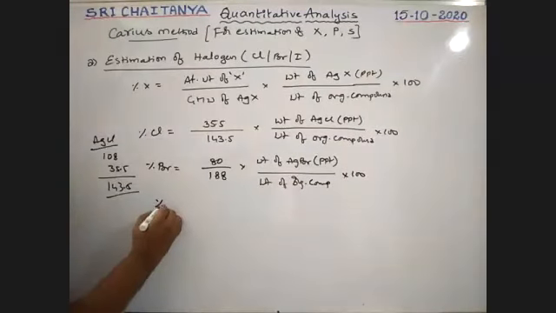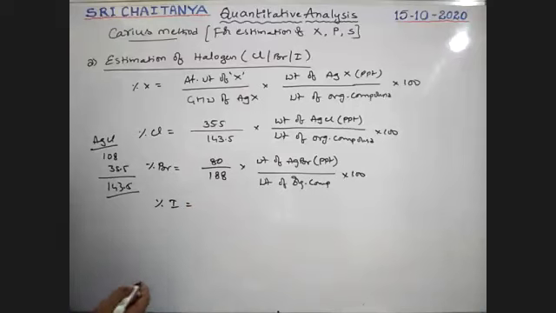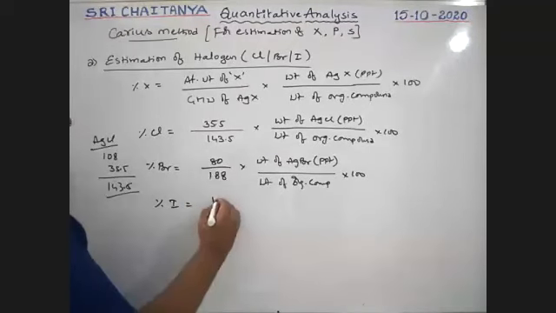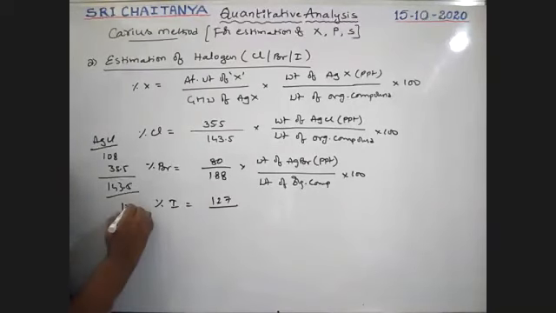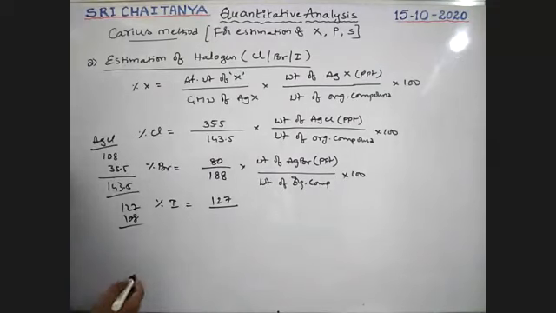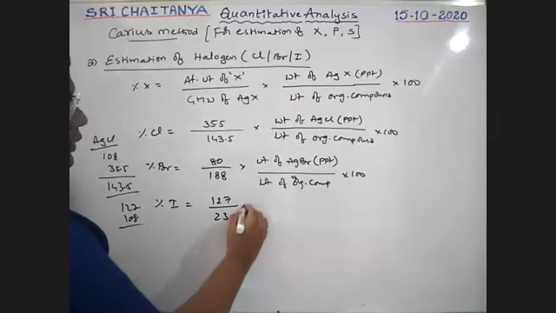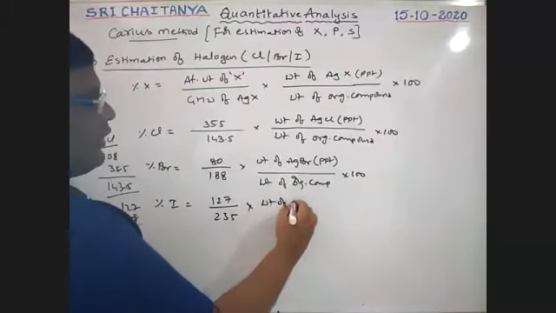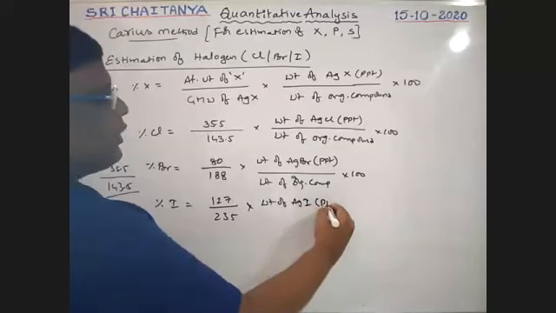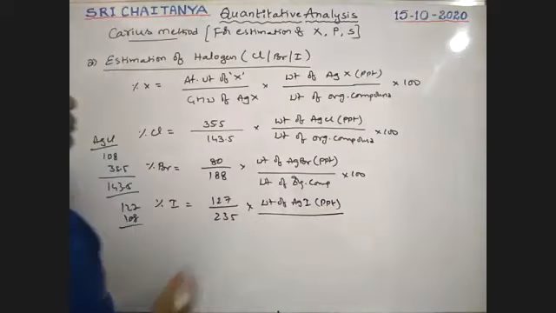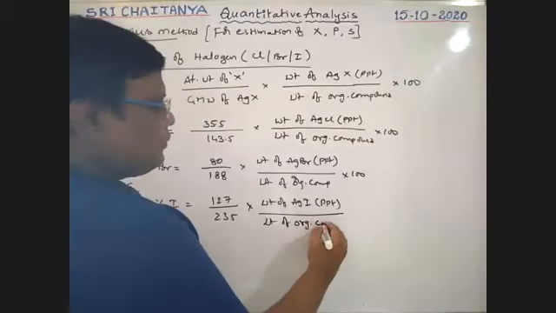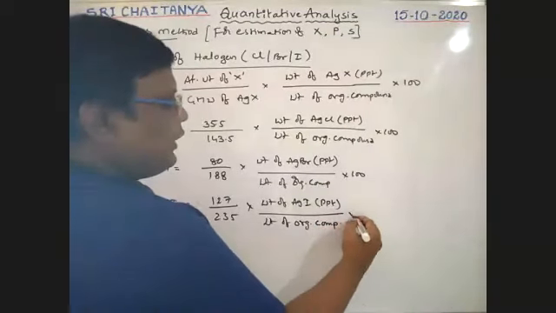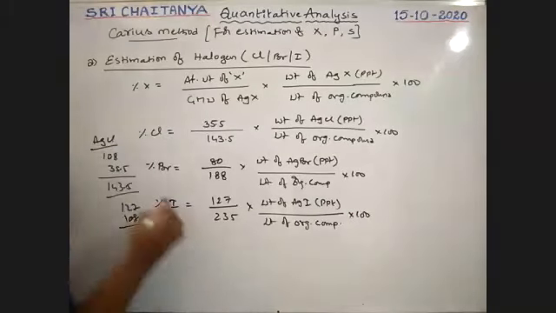Next, similarly, percentage of iodine: the atomic weight of iodine is 127, so 127 plus 108 is 235, into weight of AgI precipitate by weight of organic compound into 100. So this is the general formula.